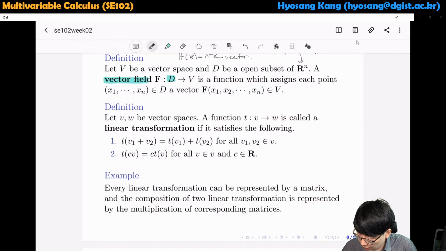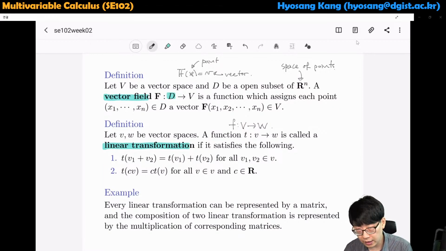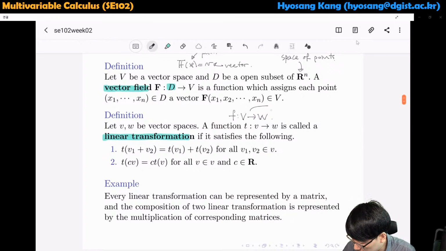Before we do that, let's talk about linear transformations first. The vector field sends a point to a vector, while a linear transformation sends a vector to a vector. So this function sends a vector in V to another vector in W, where the large V and large W are vector spaces.